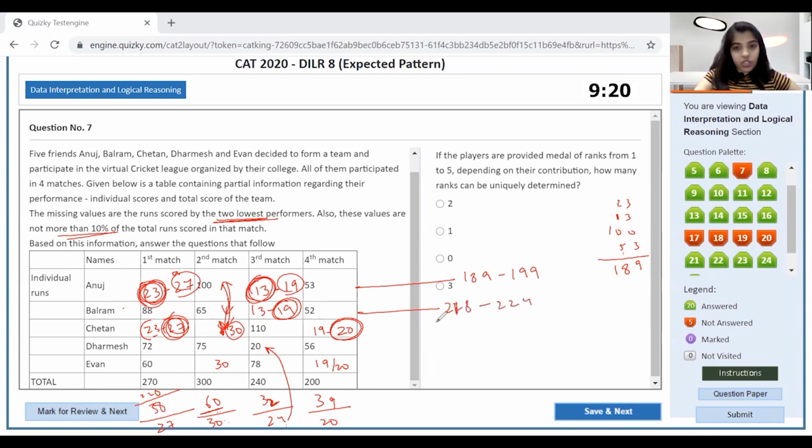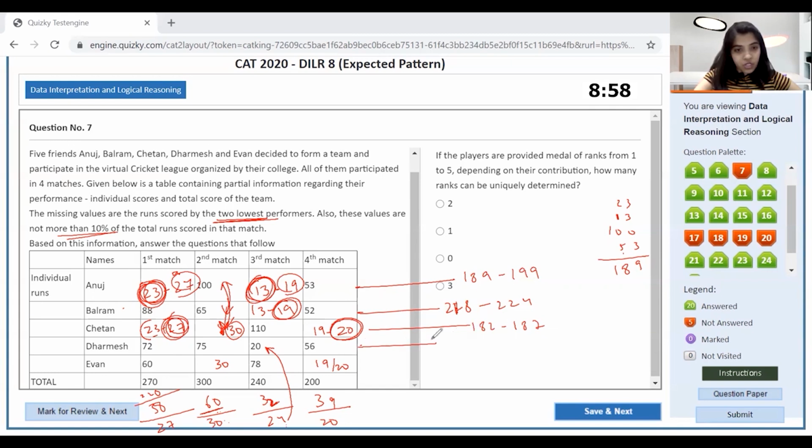2182, 224. This is his range. We have 30, 110, 30, 40, 50, 60, 70, 80, 187. What is the lower range? -4, -1, -5, 182.